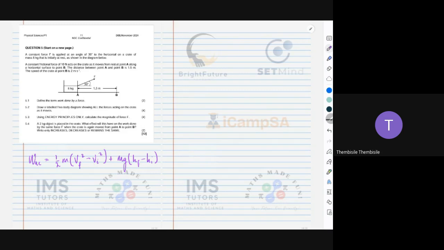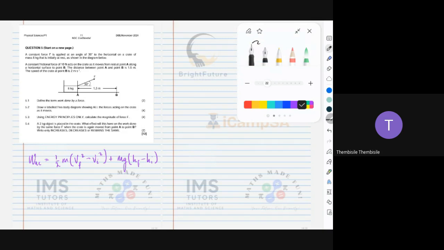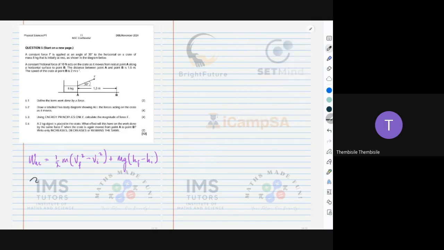Then I also had my work done, which is my work net. Work net, I had it as Fk displacement times cos theta plus F, which is our applied force, displacement cos theta. Okay. So now that we are here, what do we do?